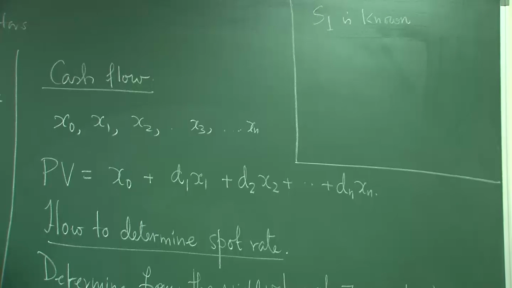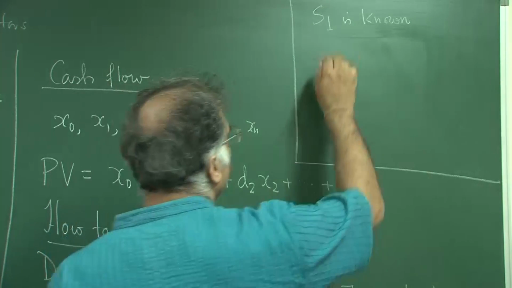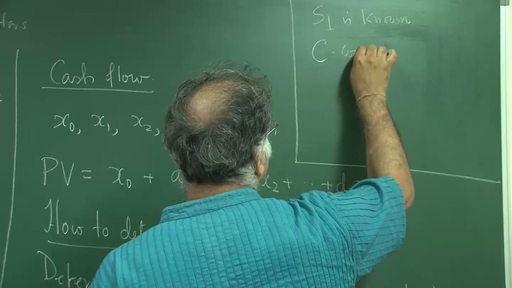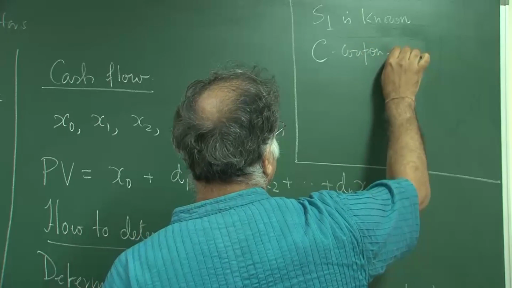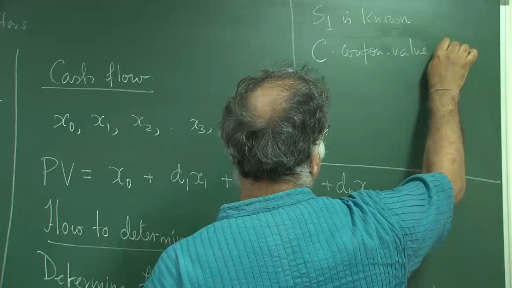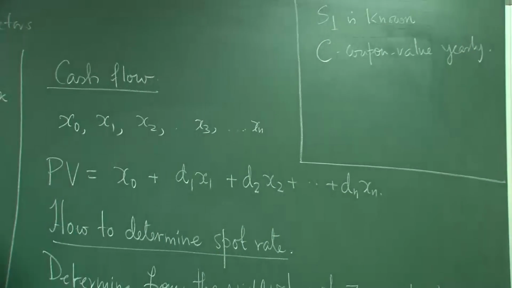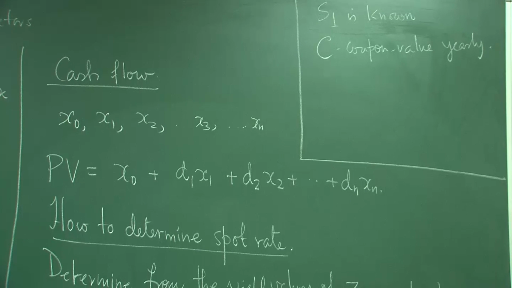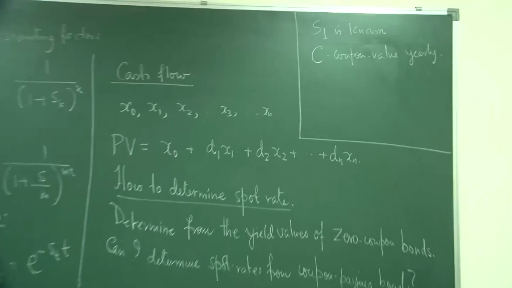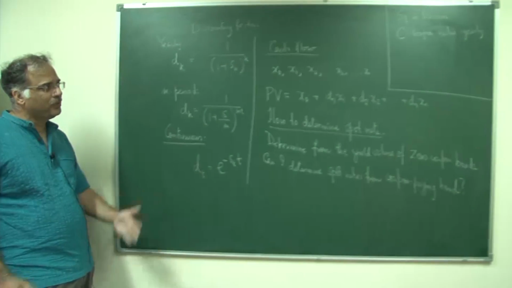But let us consider a bond which pays a coupon C yearly. So it pays you this amount of money yearly, not at certain given intervals that we had learned in the previous lecture, but here we are doing things slightly differently.